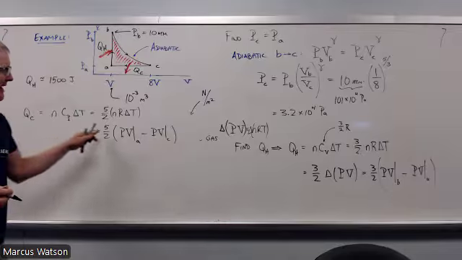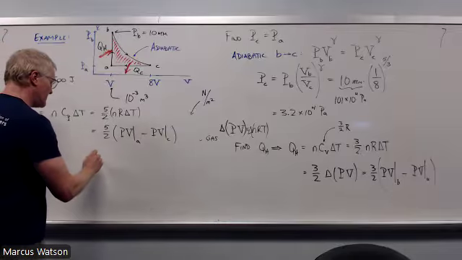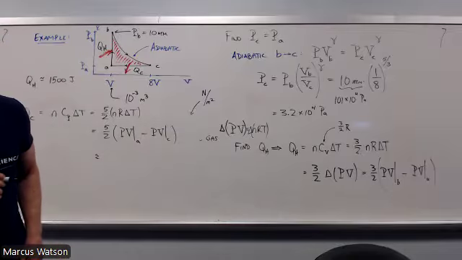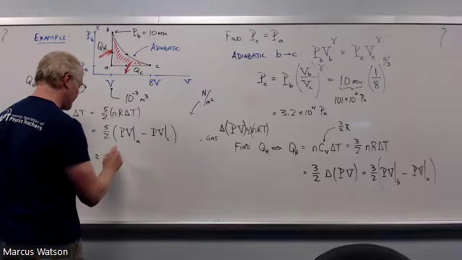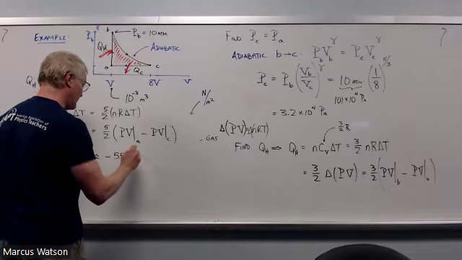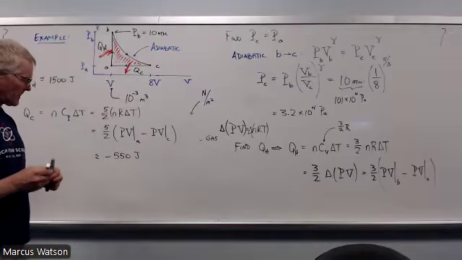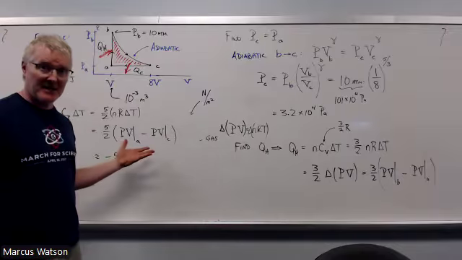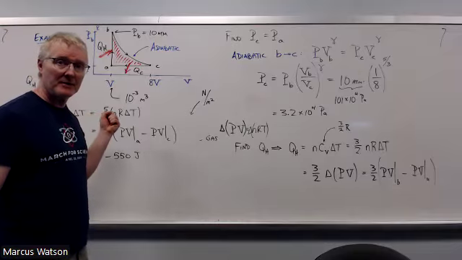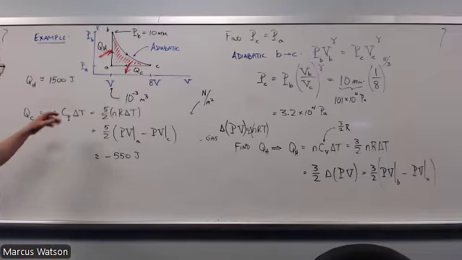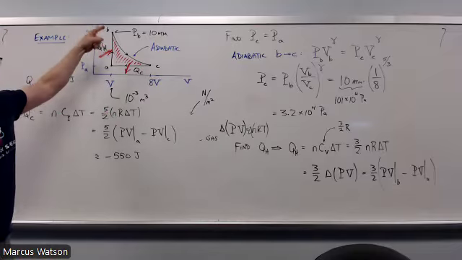If I calculate that number, it turns out to be approximately, what did I have here? About minus 550 joules. Okay, negative makes sense. It's heat coming out. This was positive, makes sense. It was heat going in.